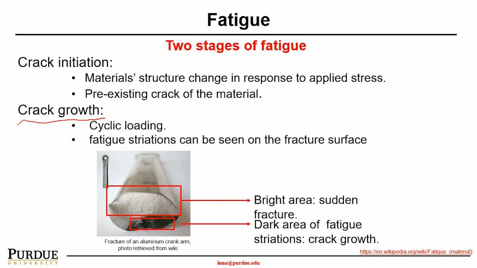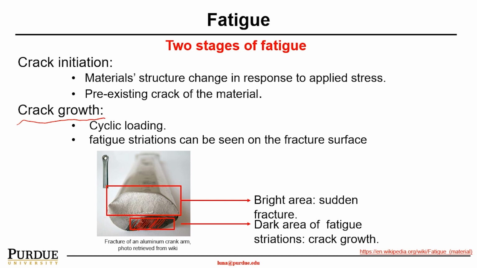For instance, as you can see here, this is an aluminum crank arm. You have an original fatigue crack showing at the dark color part. Once we reach a certain threshold, this crack will grow exponentially, and that leads to a sudden fracture.